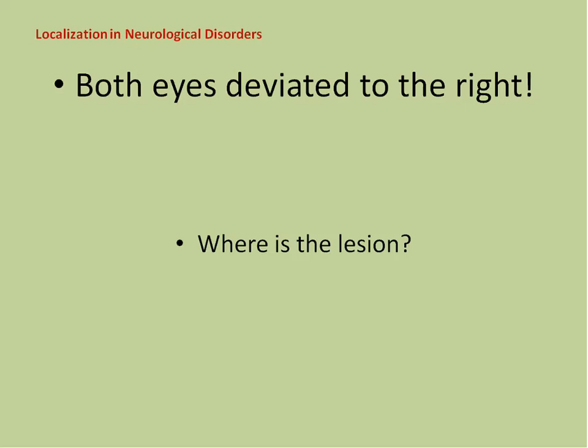So you did an MRI of the brain, you did not see any frontal lesion. You did an EEG on this patient, you did not see any seizure activity or epileptic discharges, but the eyes are still deviated towards the right side. So now where is the lesion? Look very carefully in the MRI of the brain, and now you come down and you see that the patient has a lesion in the brainstem.